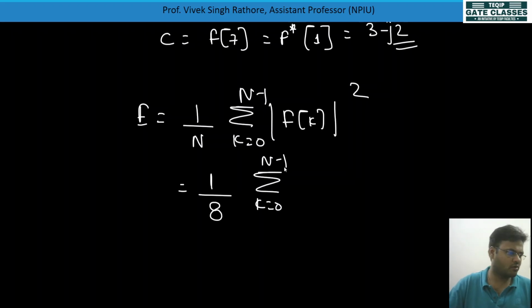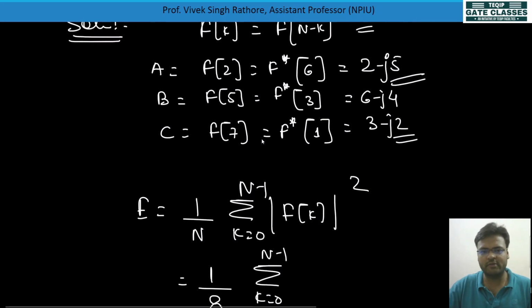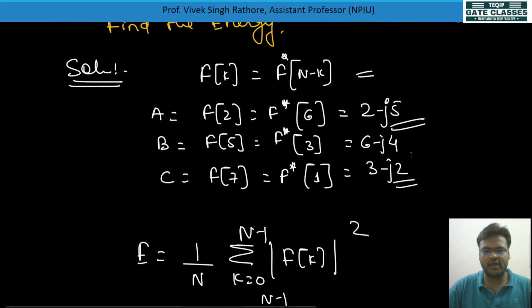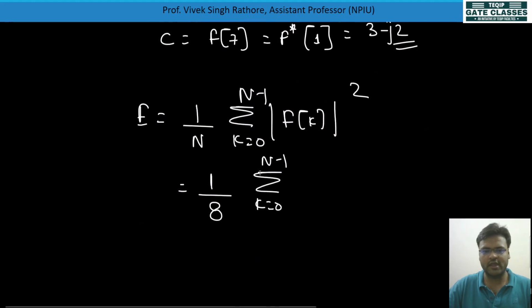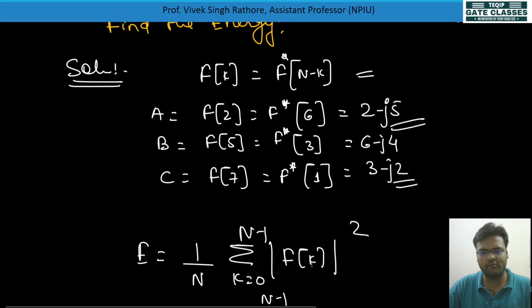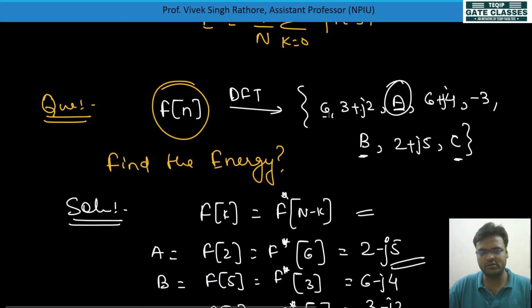We have to take the mod value, so for k equal to 0, k equal to 1, k equal to 2, whatever the value may be from 0 to n minus 1, you just have to do f of k mod, means modulus square.